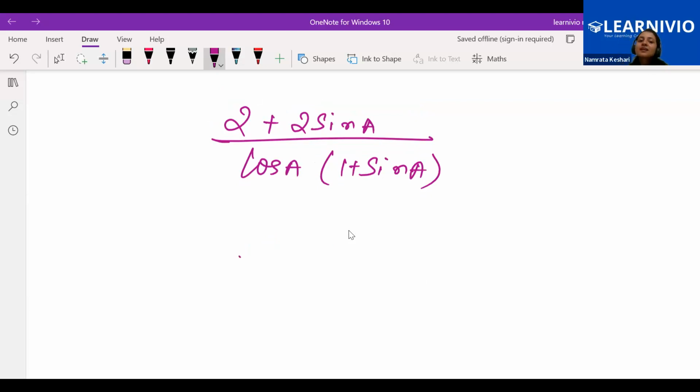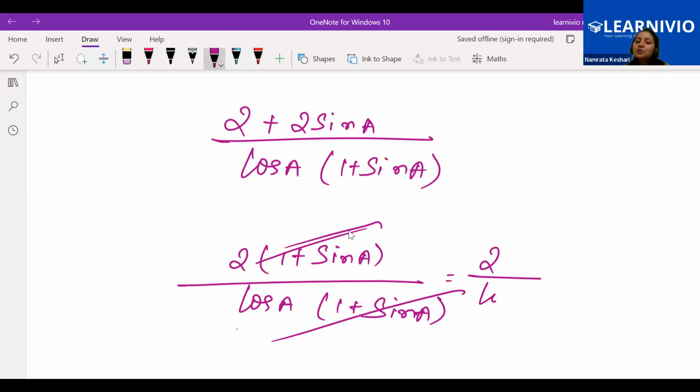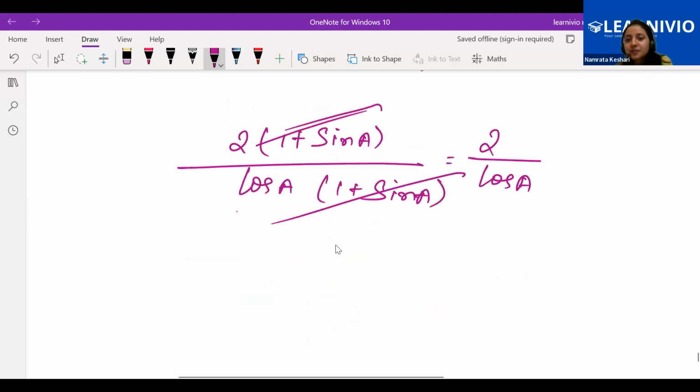Yes, we will be taking it common and we will end up having 1 plus sin a. And hence 1 plus sin a is there in the denominator also, so we are going to cancel them. And hence we got 2 by cos a, and 2 by cos a means we are done with the proof. Yes or no?